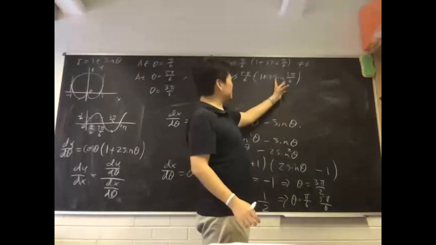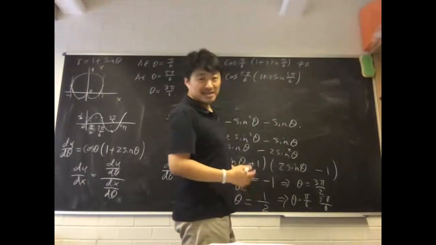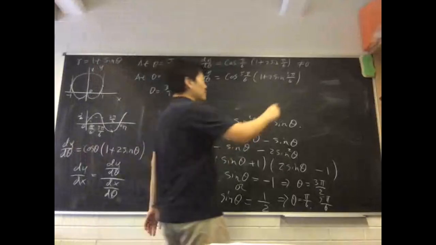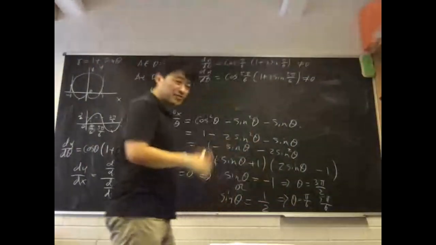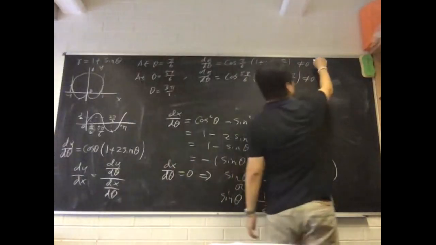And that's not going to be 0 either because in order for this factor to be 0, sine here needs to be negative a half. But sine is only negative a half once you pass pi, and 5 pi over 6 is still smaller than pi. So at least for these two points, we can be sure that I do have vertical tangents.